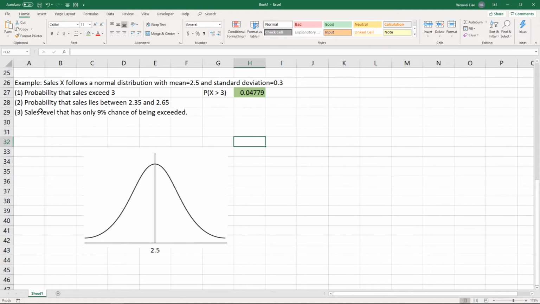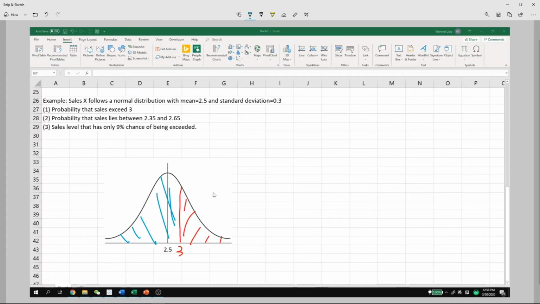The second question, the probability that sales lies between 2.35 and 2.65. We can also use this graph to solve our question.